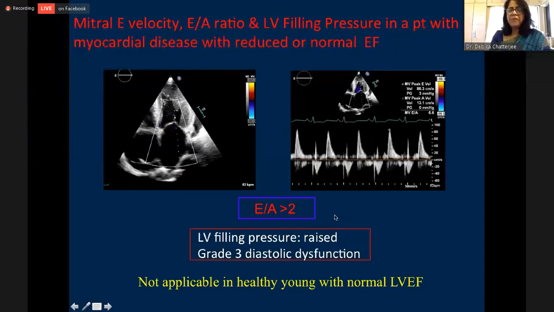And from this pattern, straight away we can say that it is a grade 3 diastolic dysfunction with raised LV filling pressure.